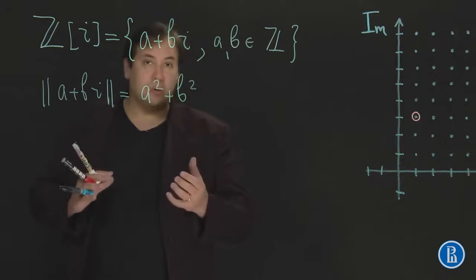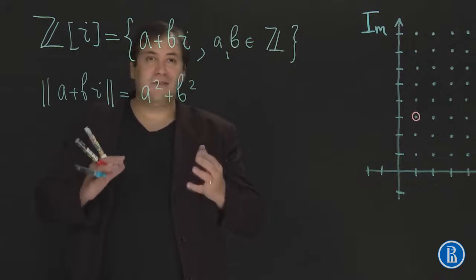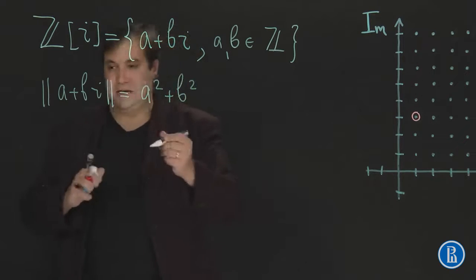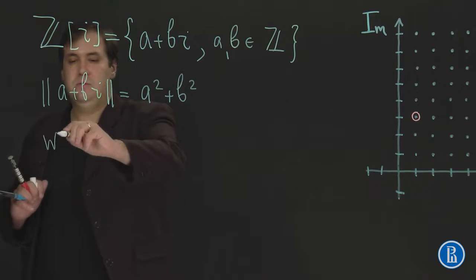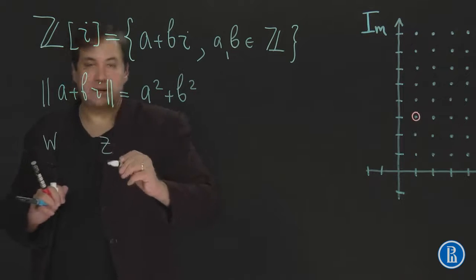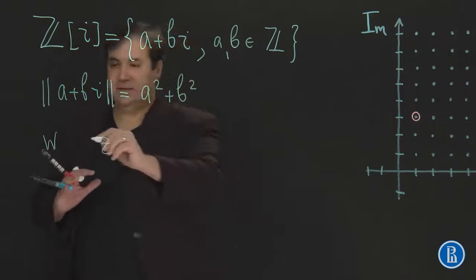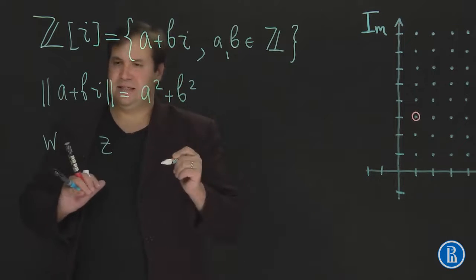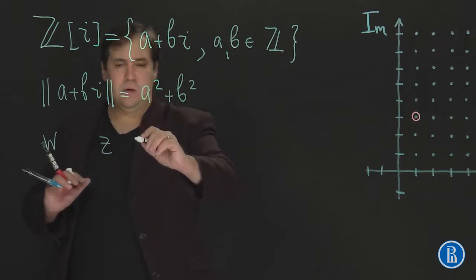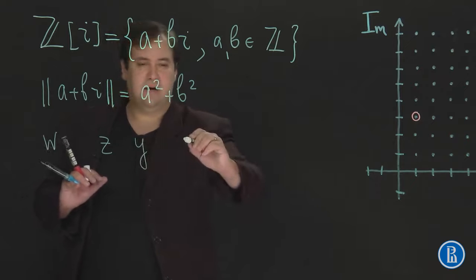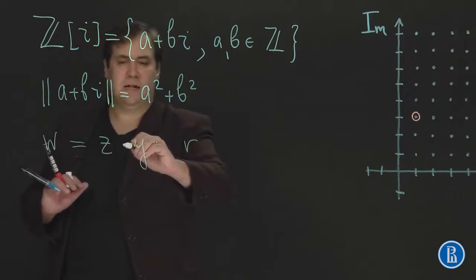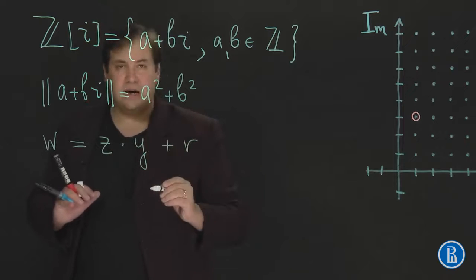Now, we need to show that for every two complex integers, say w and z, there exist another two complex integers, say y and r, such that w is equal to z multiplied by y plus r.